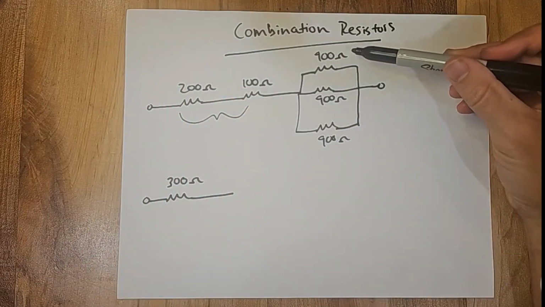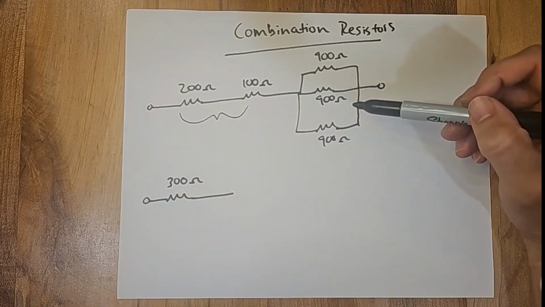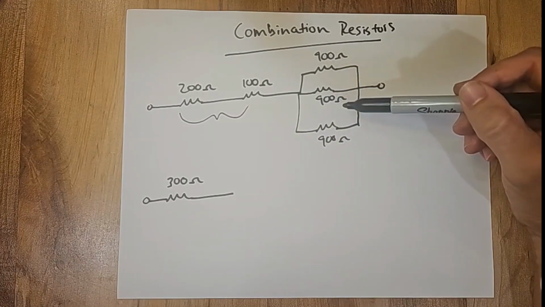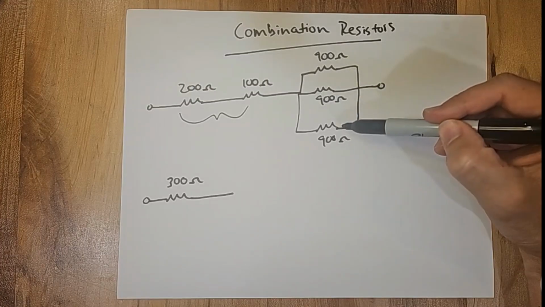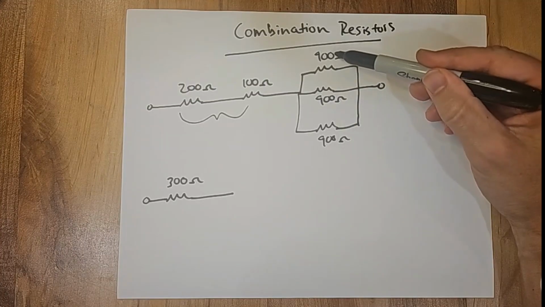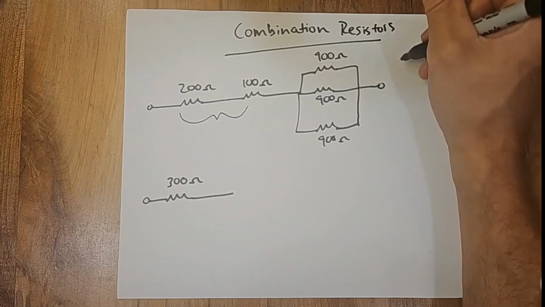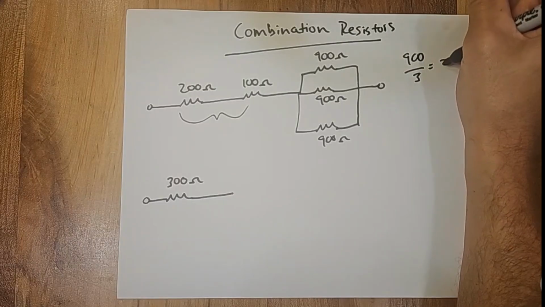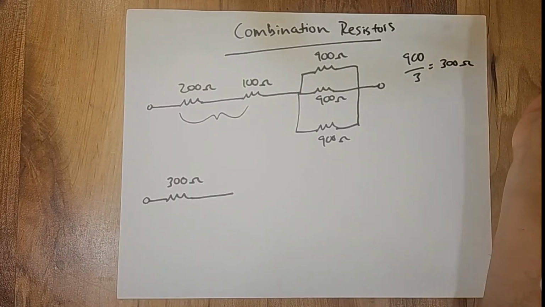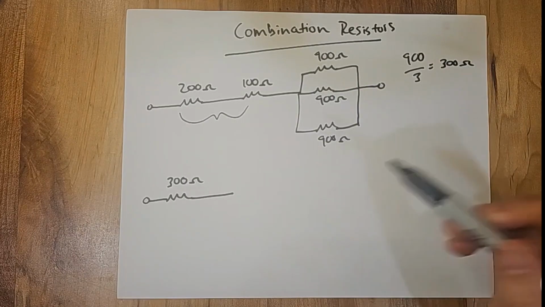Now we have this 900, 900, and 900 all in parallel. Just like when we had two resistors of the same resistance in parallel, we can divide by 2, here because we have 3, and they're all equal, we can take their value, which is 900, divide by 3, and that's going to be the equivalent. So 900 divided by 3 equals 300 ohms. Let's do that a little bit more drawn out just to see what's happening.